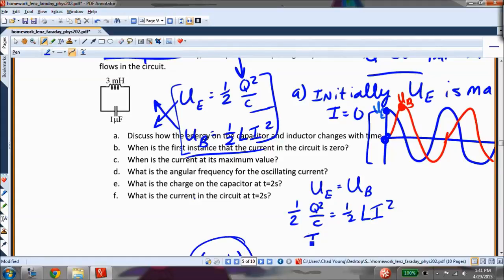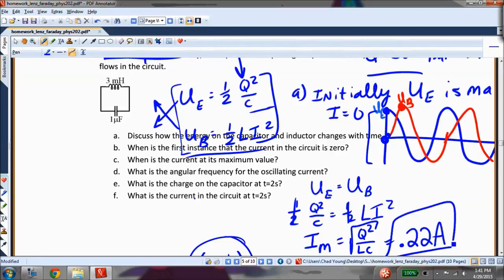And then I solve for I, and this is going to be I max. Those halves cancel out. I get the square root of Q squared over LC. I know Q, it's 12 microcoulombs, and I know L and C, of course. Let's see, I think I've already calculated this. It is going to be 0.22 amps. So that is my maximum current, which you need to find part F.